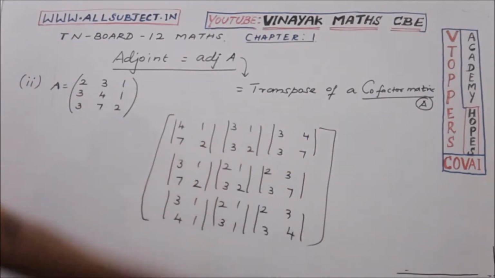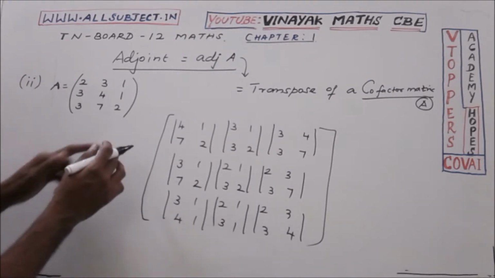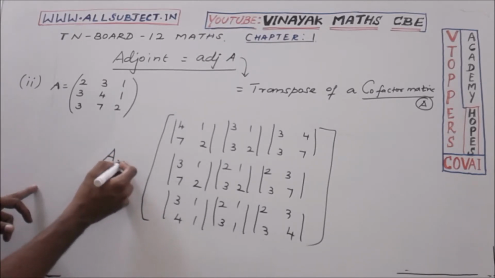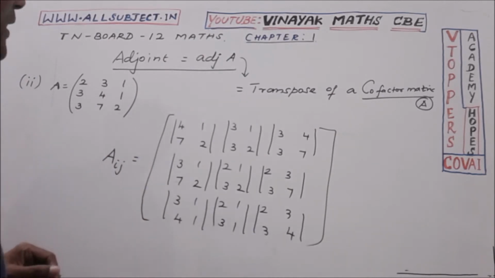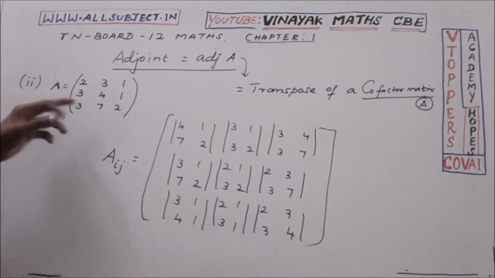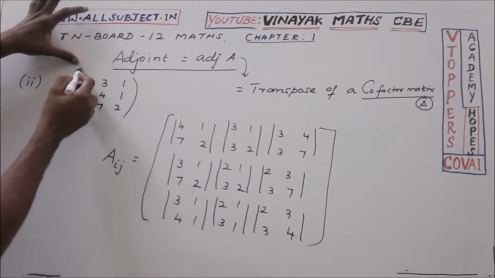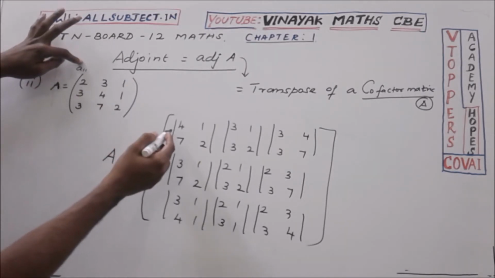We have taken the minor values first, and then we should change the signs. We will get the cofactor matrix. Here A cofactor, Aij, represents the cofactor matrix. The place value here is A11. So 1 plus 1 is 2, no sign change.